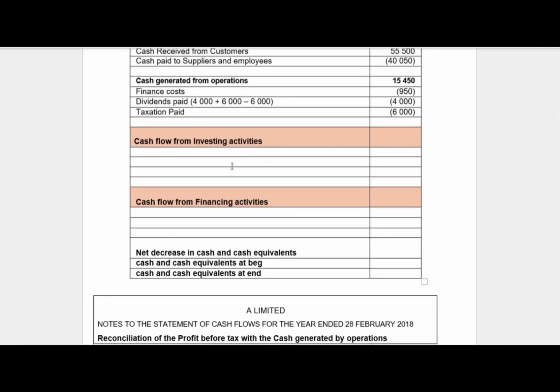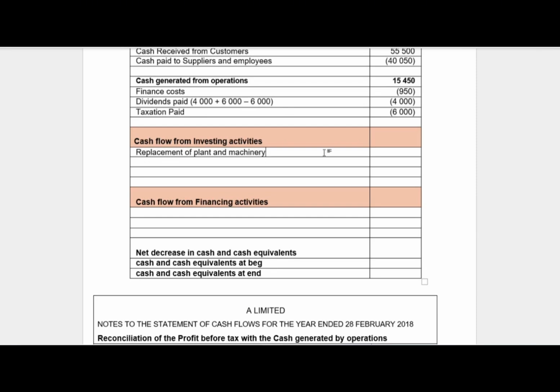We're going to start by, what is this? Replacement, right? A replacement of plant and machinery.